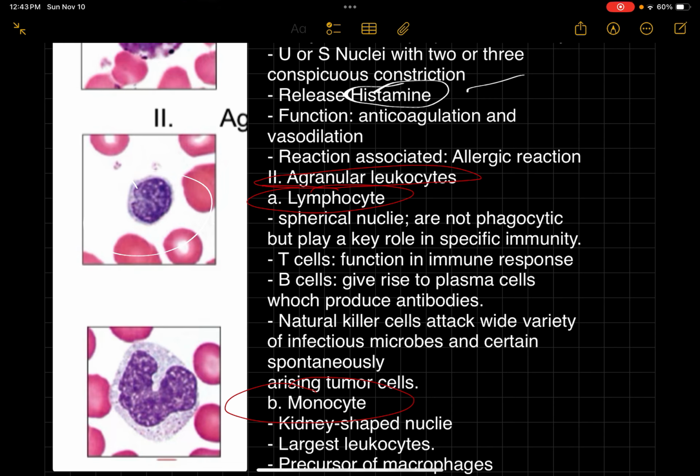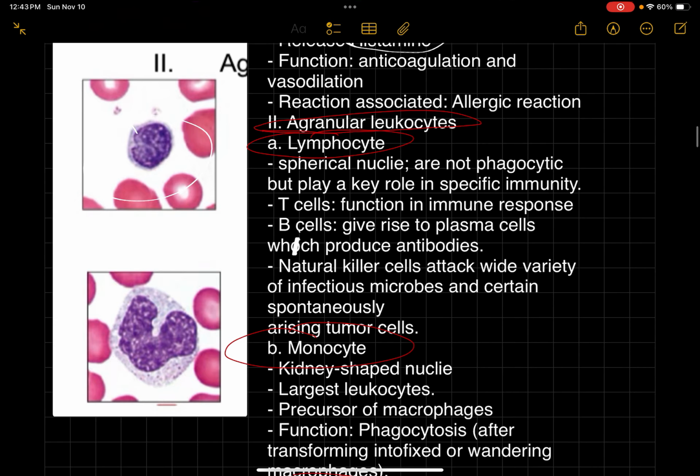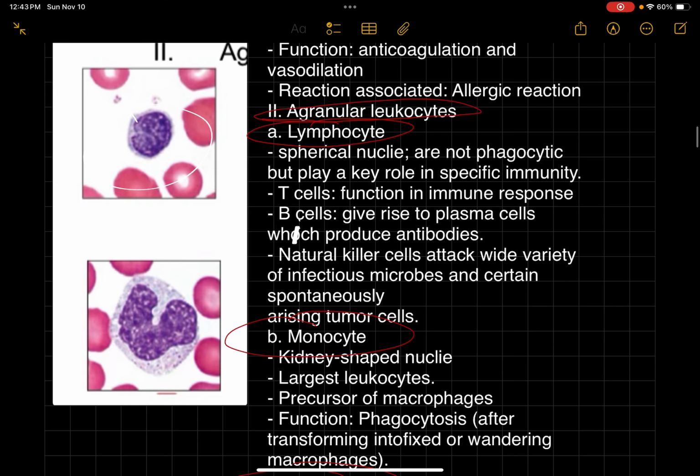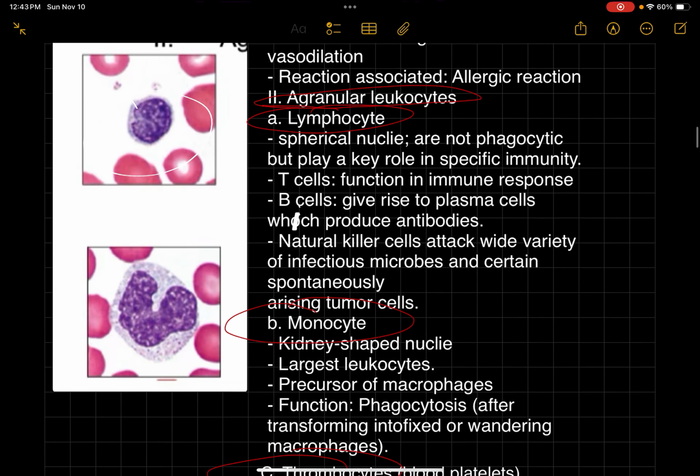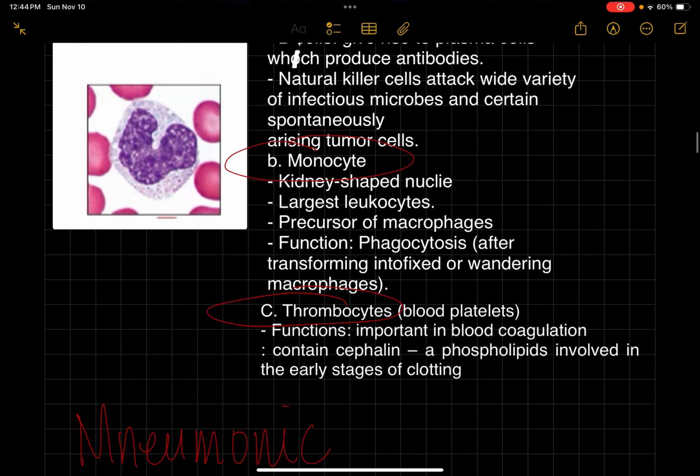B cells give rise to plasma cells which produce antibodies. We have natural killer cells that attack a wide variety of infectious microbes and certain spontaneously arising tumor cells. We have monocyte, kidney-shaped nuclei, largest of the leukocytes, precursor of macrophages. Function, phagocytosis after transforming into fixed or wandering macrophages.